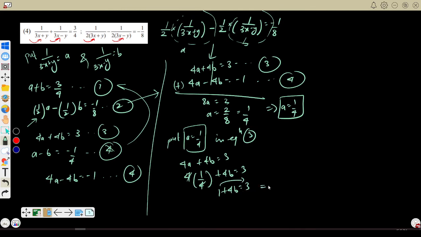Shift this 1 on the other side, so this will be 4b is equal to 3 minus 1. 4b is equal to 2, so b is equal to 2 by 4, which will turn out to be 1 upon 2. I hope this is clear to you.